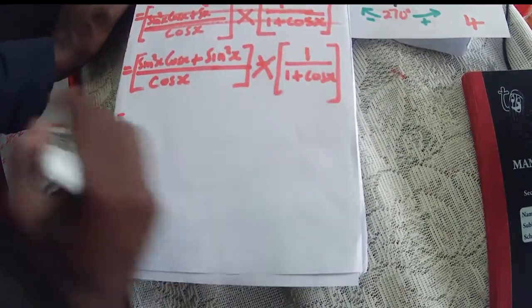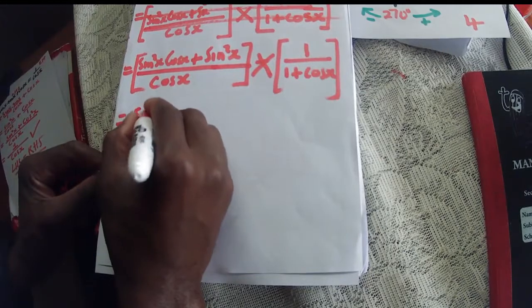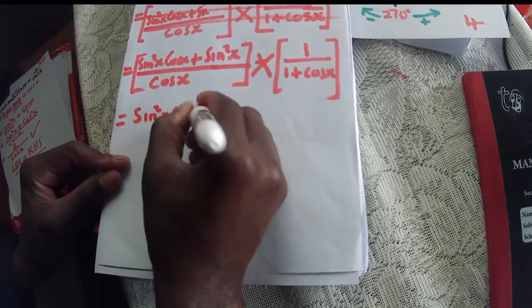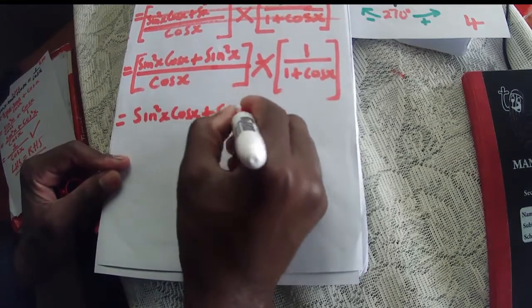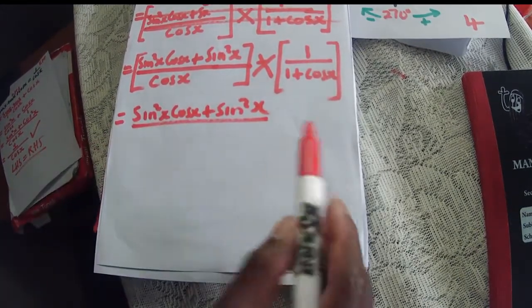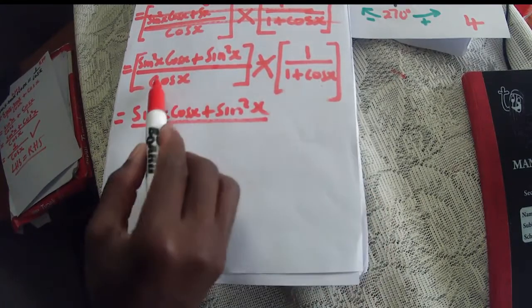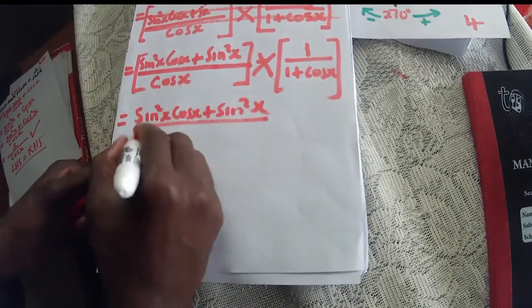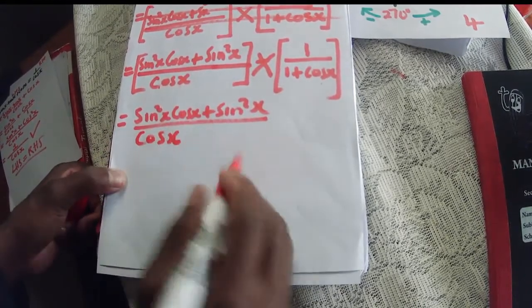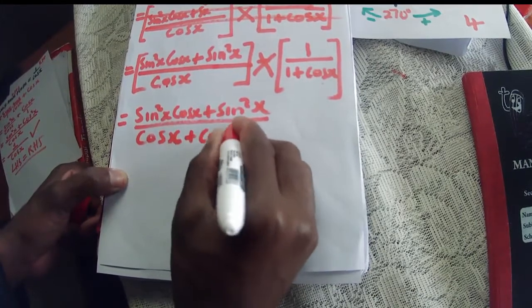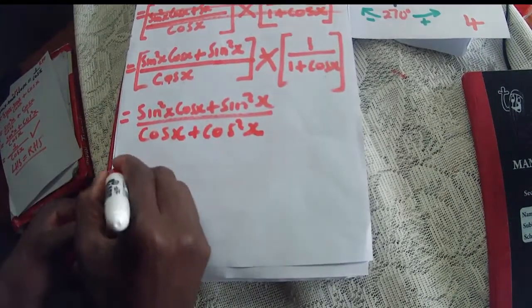So 1 times everything, nothing changes. So it's sine squared x cos x plus sine squared x divided by this denominator by that denominator. So cos x you multiply by 1 doesn't change, it's cos x. But cos x times cos x is cos squared x.